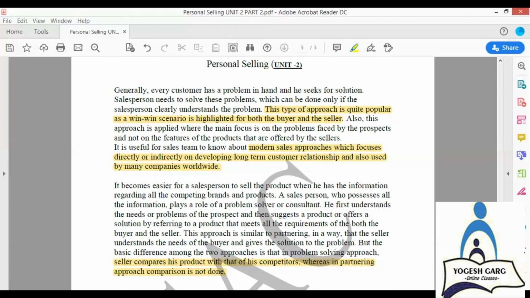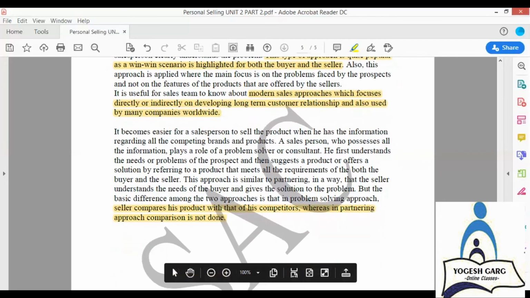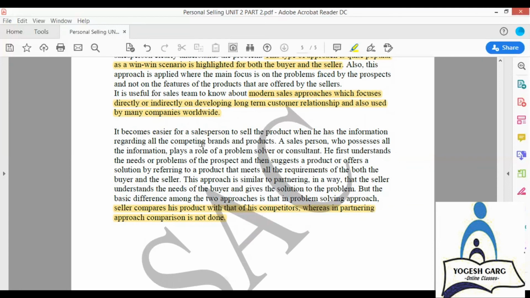Now, in this approach, it becomes easier for the salesperson to sell the product when he has information regarding the competing brands and products. A salesperson who possesses all the information plays the role of problem solver or consultant. Sometimes you feel that you know about your product, but you are not aware of what other companies are offering in the market.